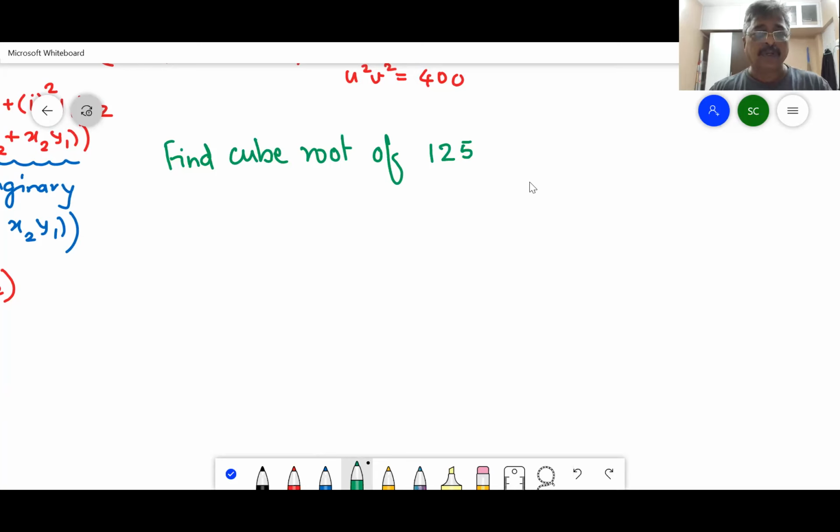Not cube root, I'm sorry about that, but cube roots.